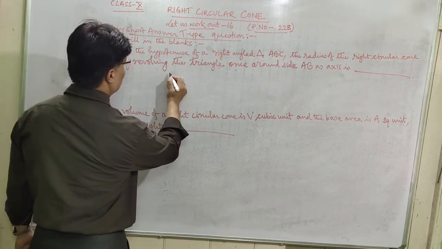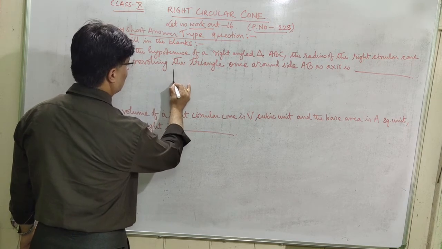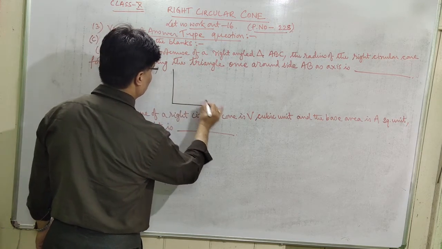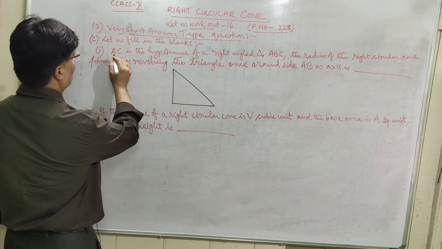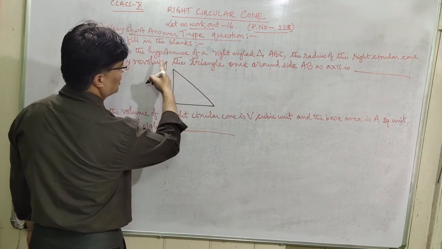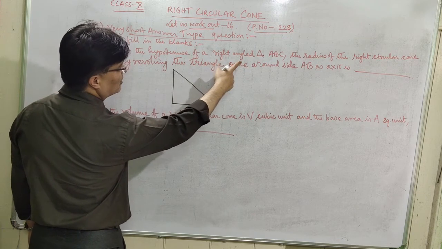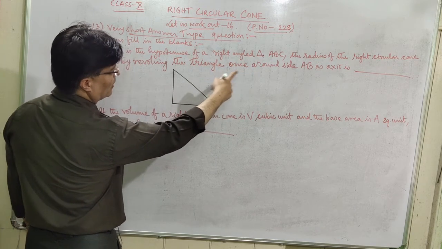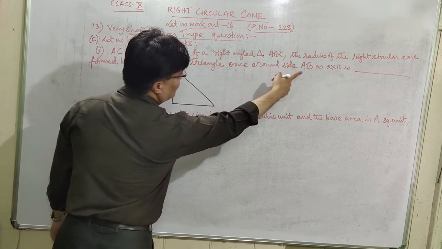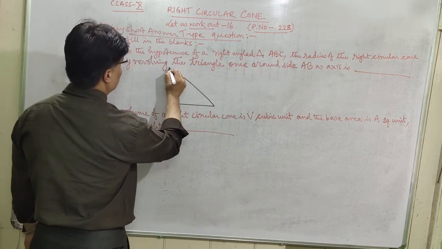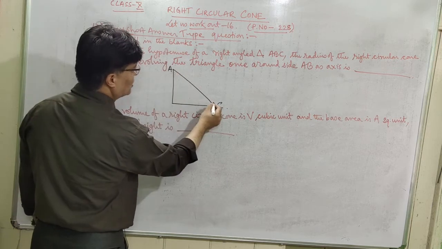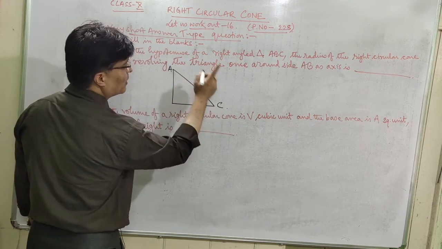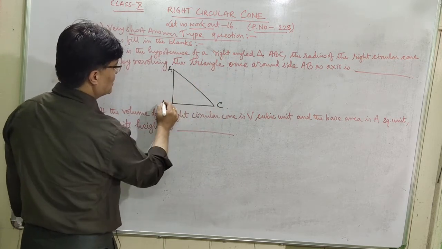Okay. So let us draw a right angle triangle here. So here, what is given in the question? AC is the hypotenuse of a right angle triangle ABC, and what is the axis here?